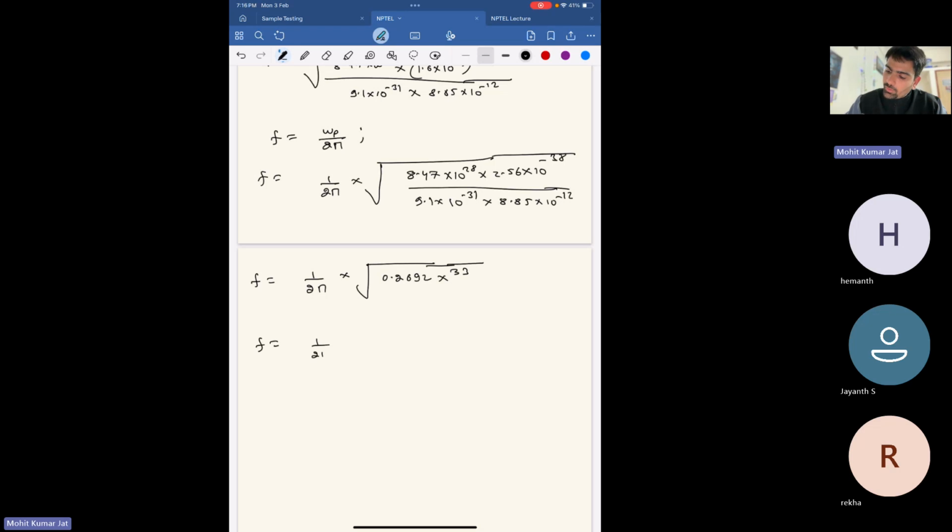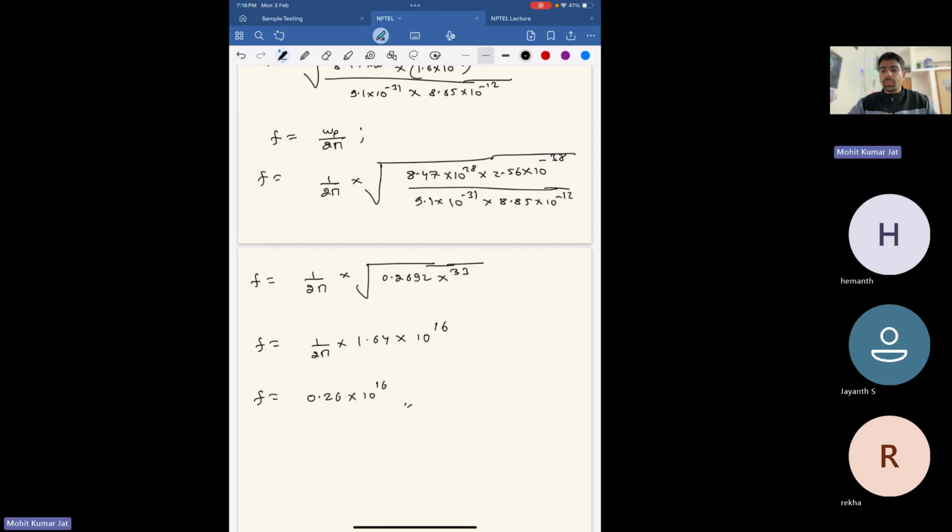So 1 by 2 pi times this square root of 2.692 is 1.64 times 10 power 16, and you divide it by 2 times 3.14, so that will give you 0.26 into 10 power 16.